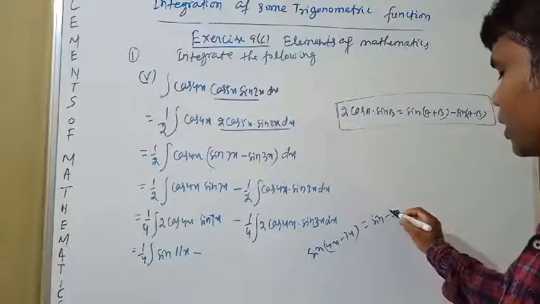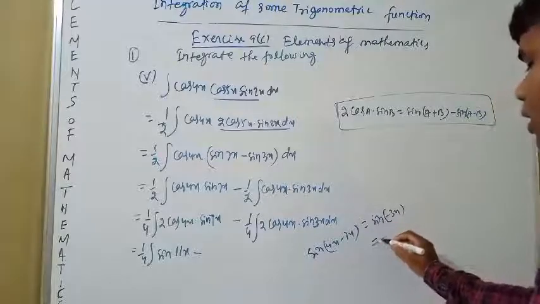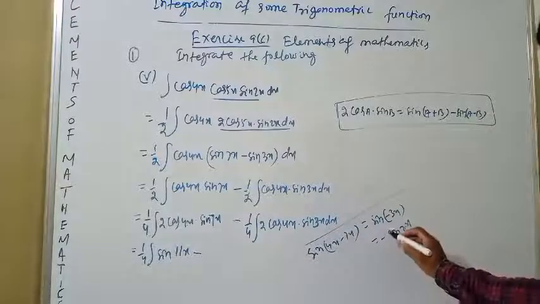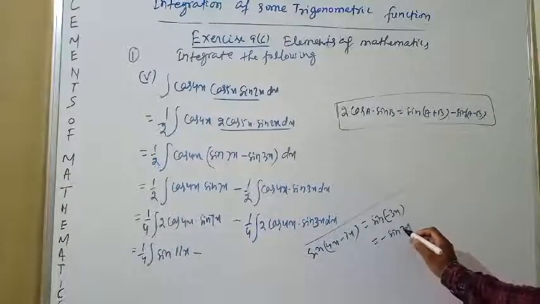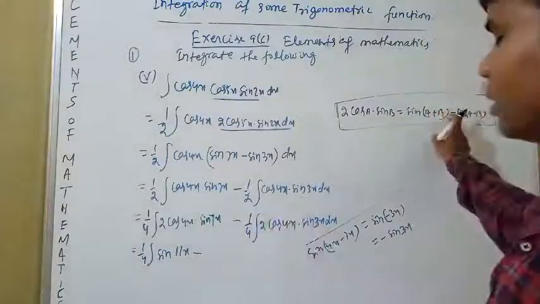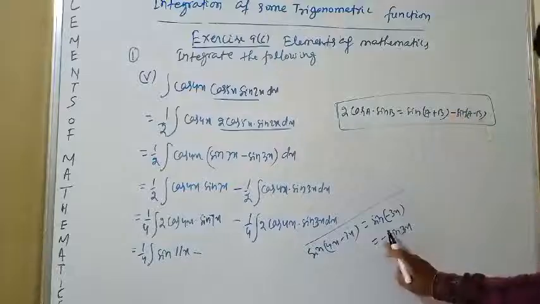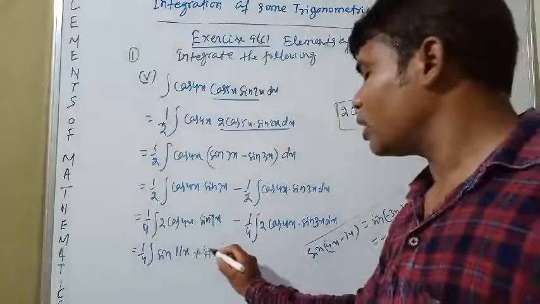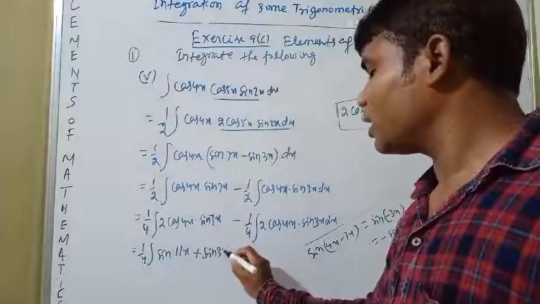Sin(minus 3x), equal to minus sin 3x. You note it. Here minus is already given, and again minus, minus and minus is plus, sin 3x.